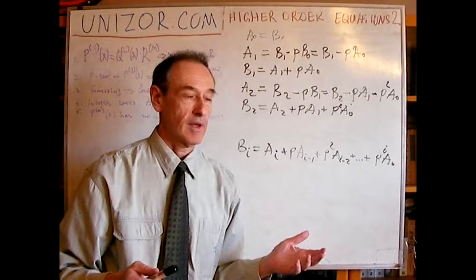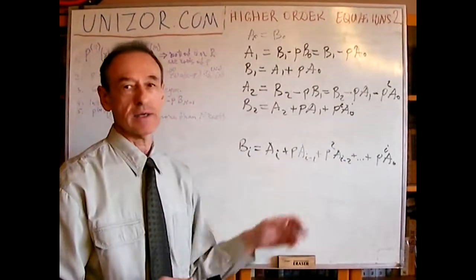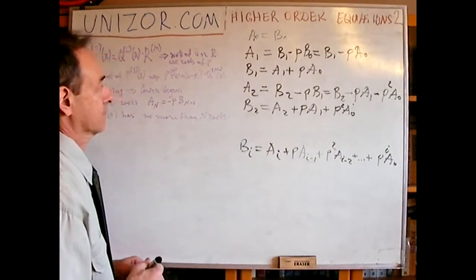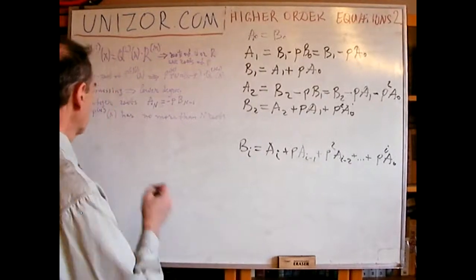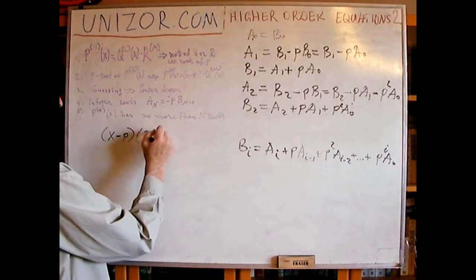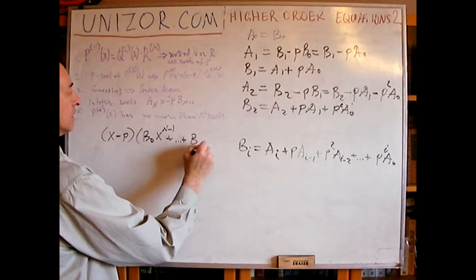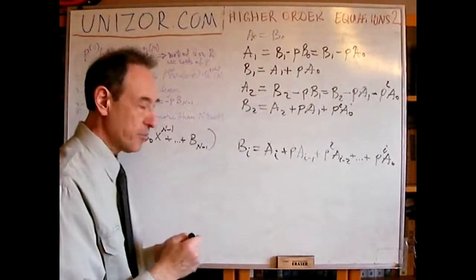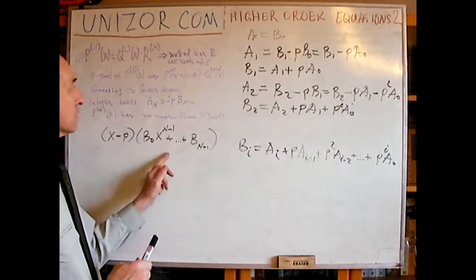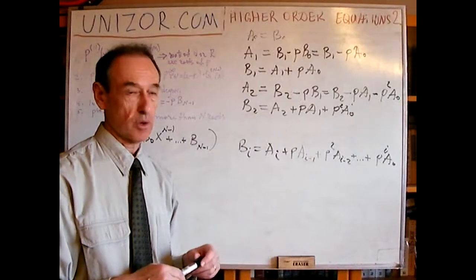Now, great. Basically, I found all my bi's. There is one little detail. Whenever I multiply x minus p times b0 x to the n minus 1 plus etc. plus bn minus 1, I compared all the coefficients of this product to the corresponding coefficients of the original polynomial.